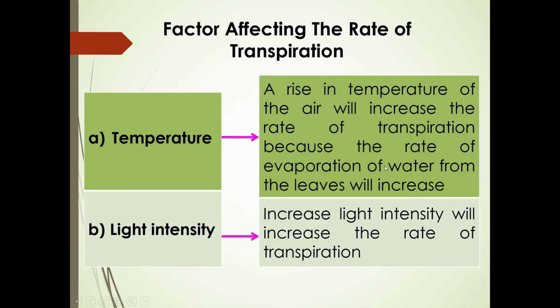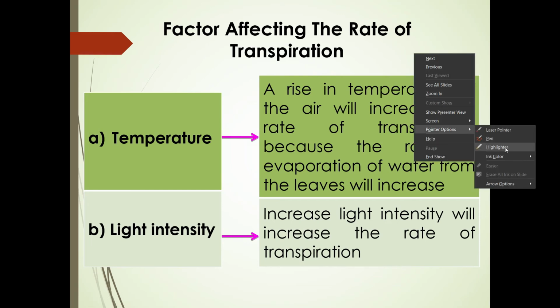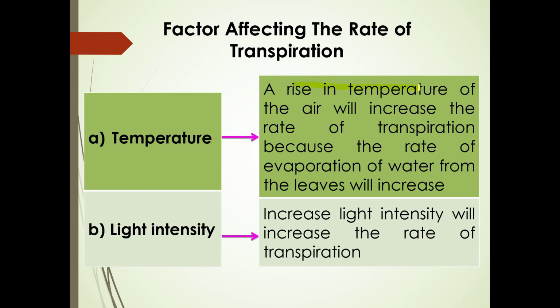We already saw the animation of what will happen when you increase the temperature, and what will happen if you decrease the light intensity. For the temperature, the rise in temperature of the air will increase the rate of transpiration, because the rate of evaporation of water from the leaf will increase.